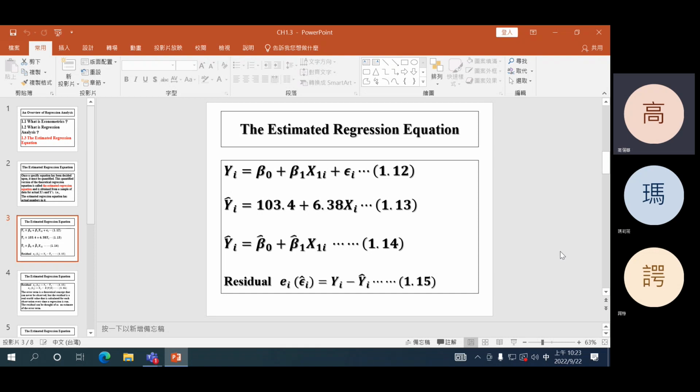So whatever is estimated in this regression analysis, especially in this book, we put the hat on it. So we put hat on the beta 0, we put hat on the beta 1, we put hat on the y, and we also put a hat on epsilon. So only xi is the original collected data.